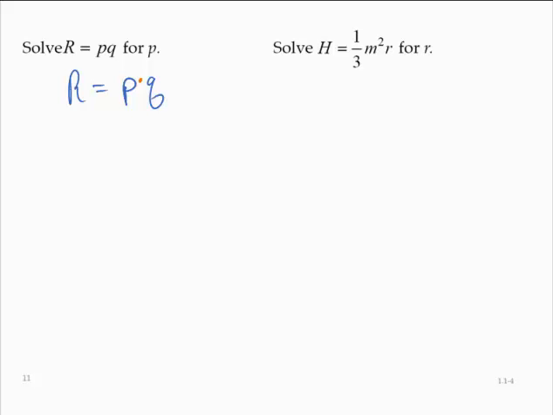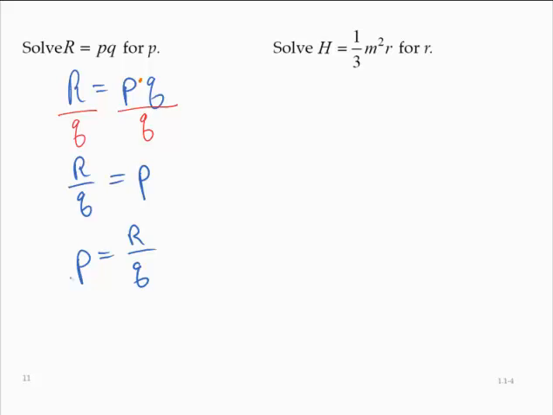So to isolate the variable p, we simply need to remove that multiplication, so we divide both sides by q, and so then we would say that p is equal to r over q. And we can just turn that around, p is equal to r over q.